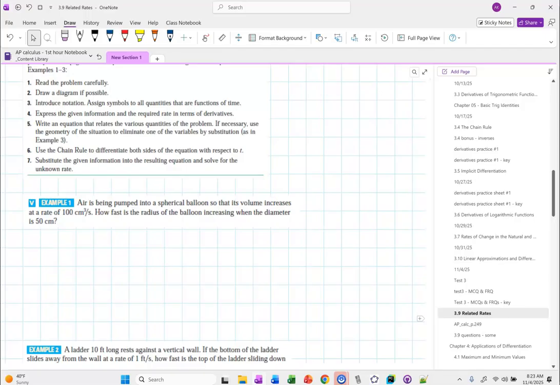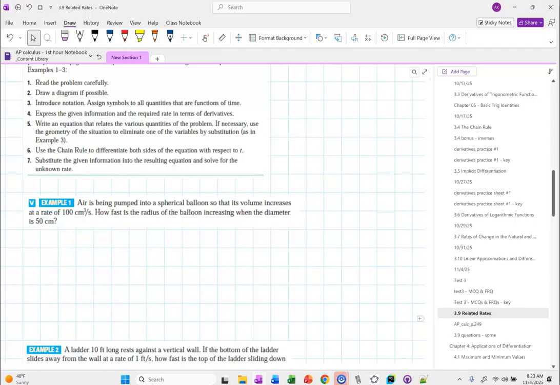So everybody understand what's happening? You're basically blowing up a balloon, right? And the balloon is changing, its volume is increasing, it's inflating. As its volume increases, necessarily the radius is going to be increasing at the same time, right? Everybody feel good about the picture you're envisioning in your head?